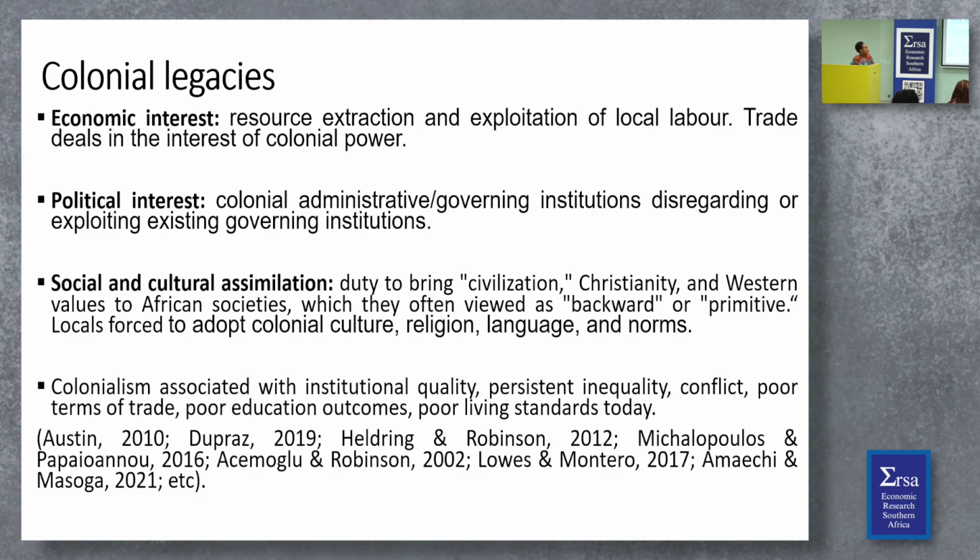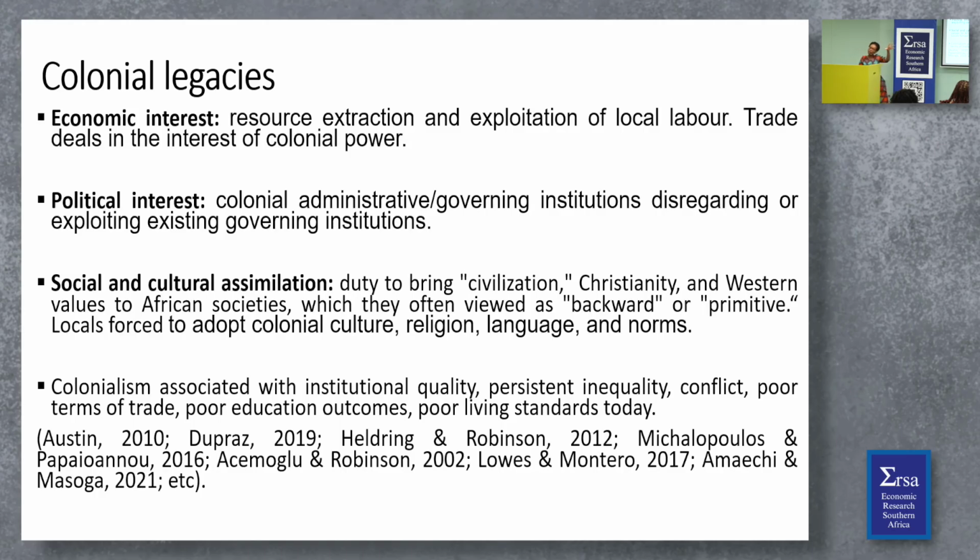So what were the interests for colonialism? Well, definitely economic interest. We know this: resource extraction and exploitation of local labor. Trade deals were very significant in the interest of colonial power. Another main reason for colonialism: political interest.